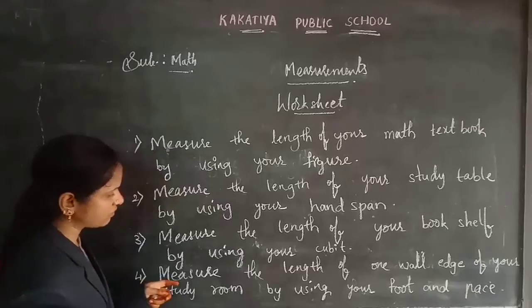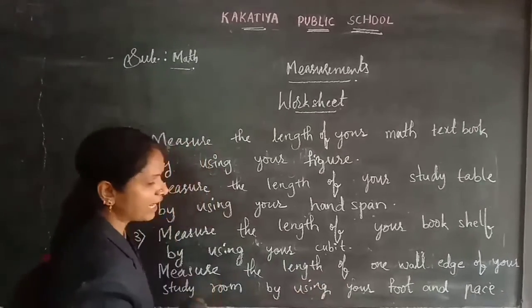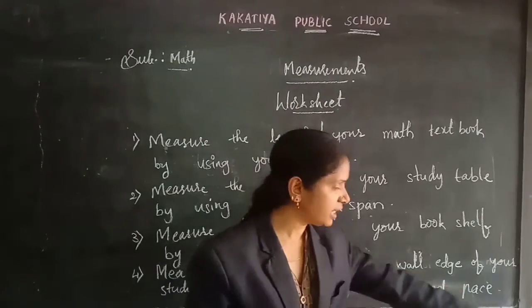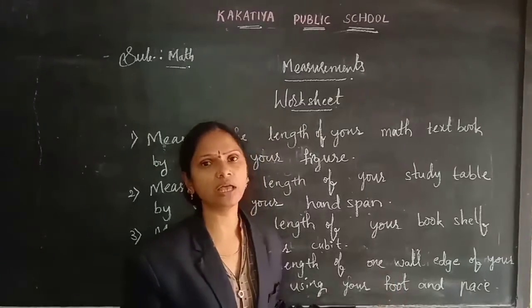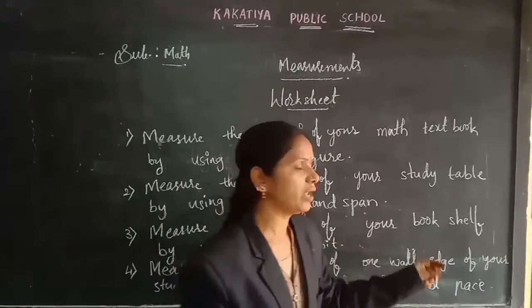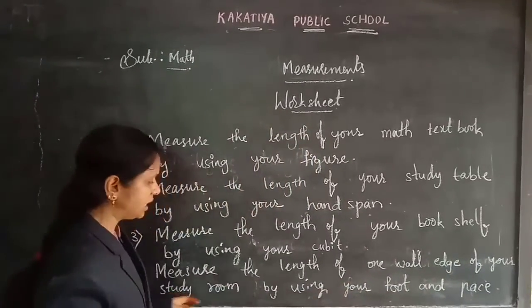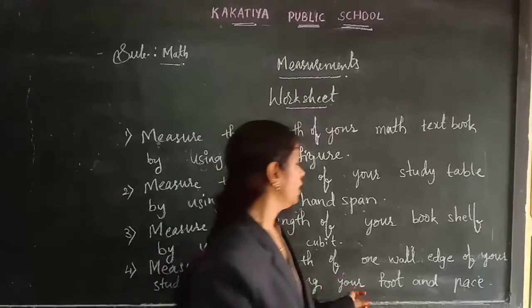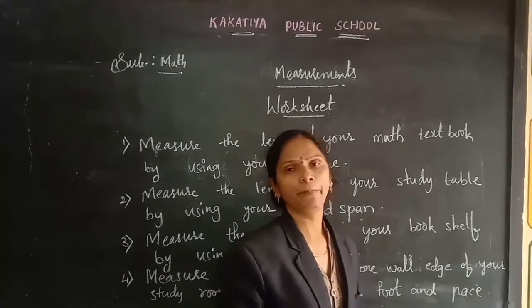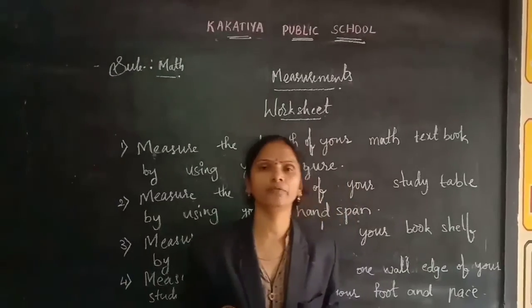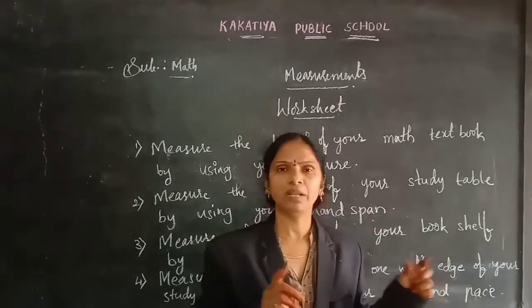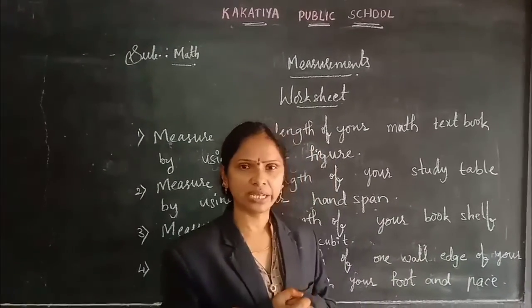And coming to the last one, measure the length of one wall edge of your study room by using your foot and pace, same as I showed in the video, children, and you need to send the answers.